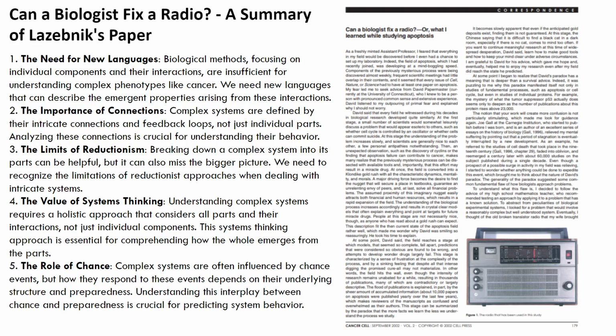Complex systems are defined by the intricate connections and feedback loops, not just individual parts. Analyzing these connections is crucial for understanding their behavior, which is very true, because if you look at how the cell works, it has a very well regulated system.